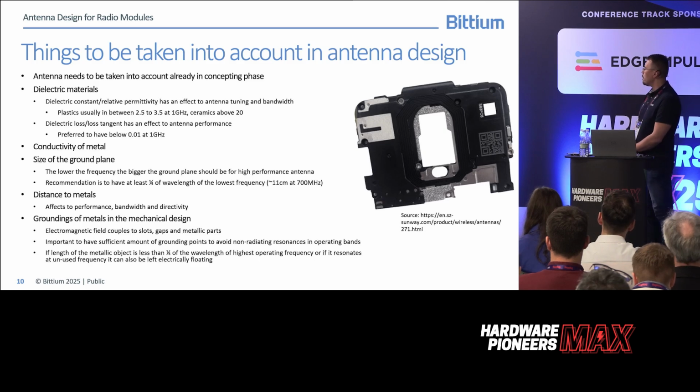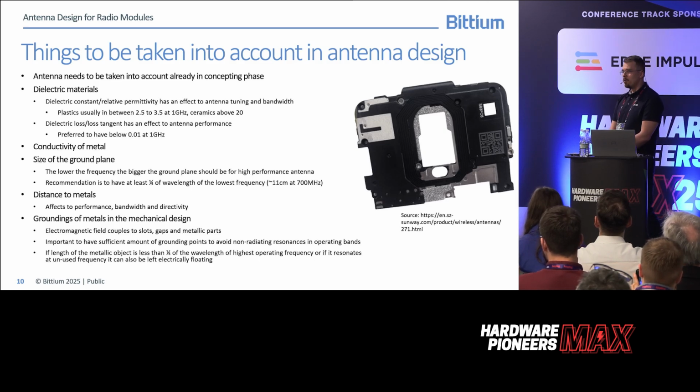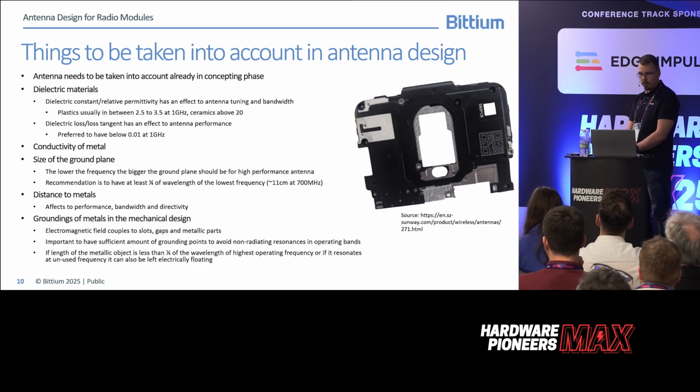When we are talking about dielectric materials, dielectric constant and dielectric loss are the most important things that we take into account. The dielectric constant of plastics is usually between 2.5 and 3.5 at 1 gigahertz, and with ceramics above 20.